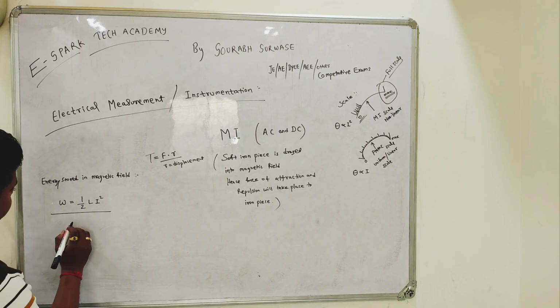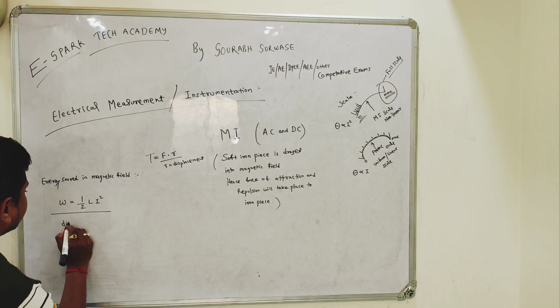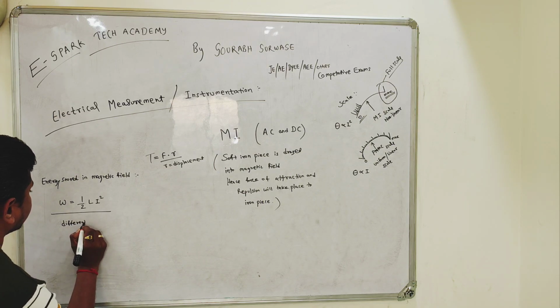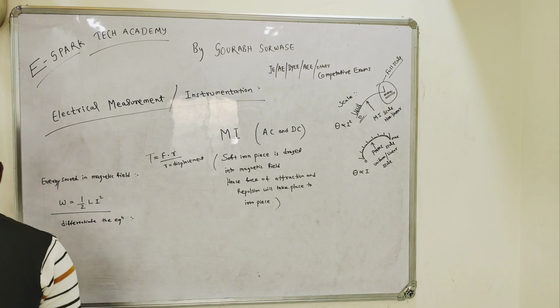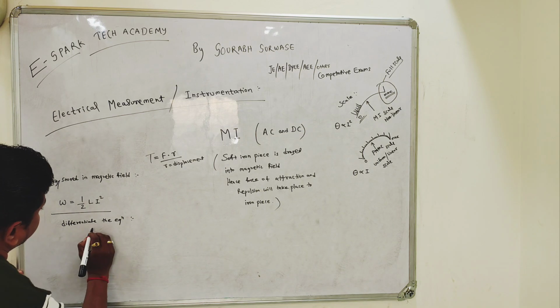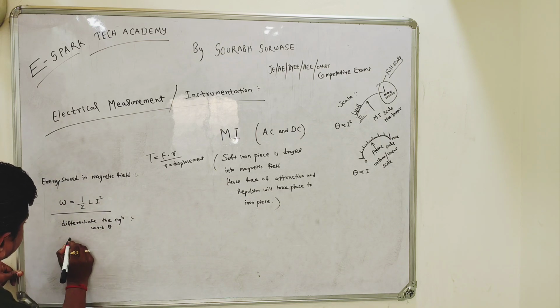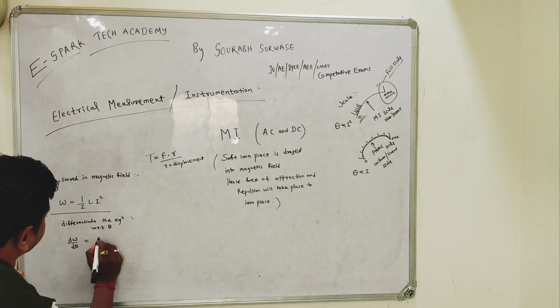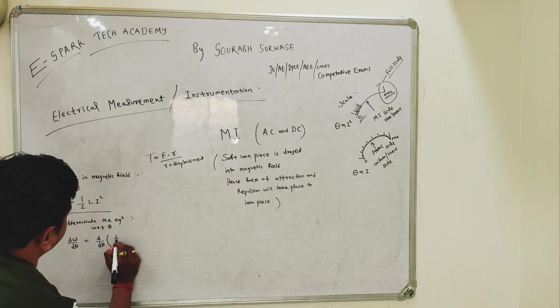Now in this case, we will just differentiate the equation. And when we differentiate this equation with respect to theta, dW by d theta is equal to d by d theta in the bracket half L I square.